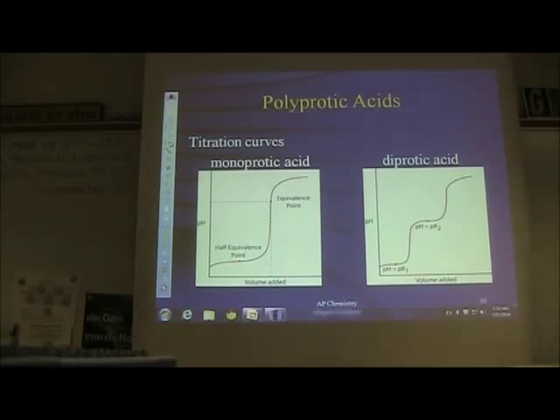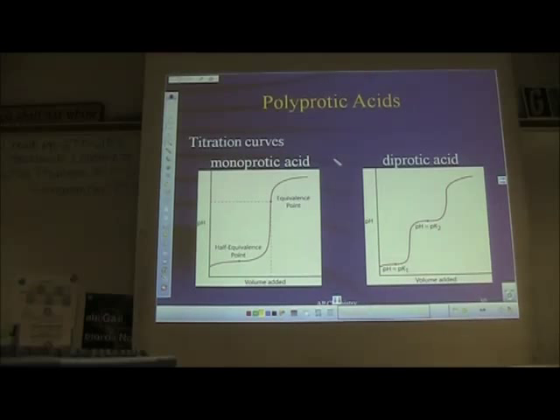And if it was a triprotic acid, let me do my best to draw this out. It would be 1, 2, and it would look something like that. Basically, the number of S shapes that you see is an indication of how many hydrogens there are to be donated.